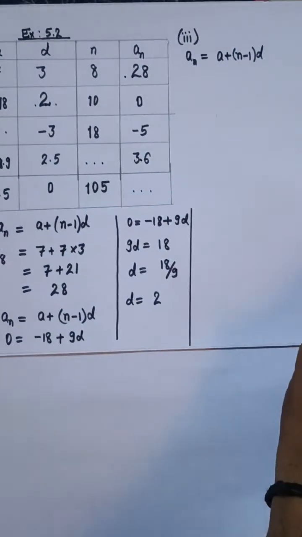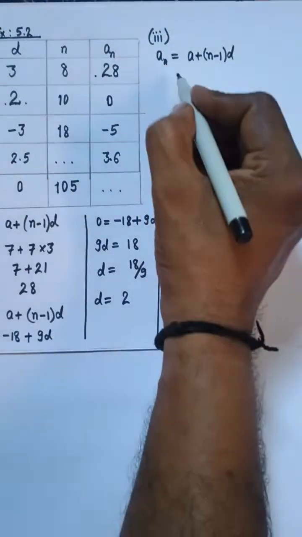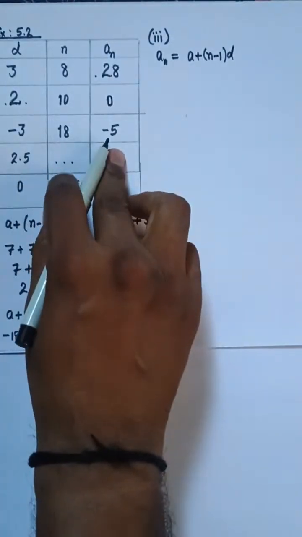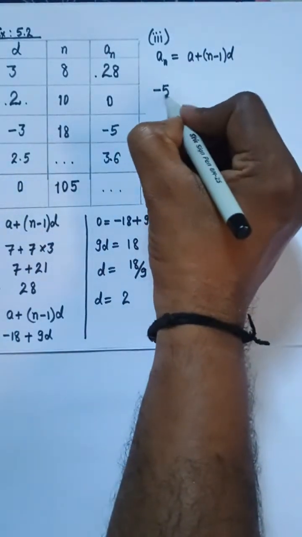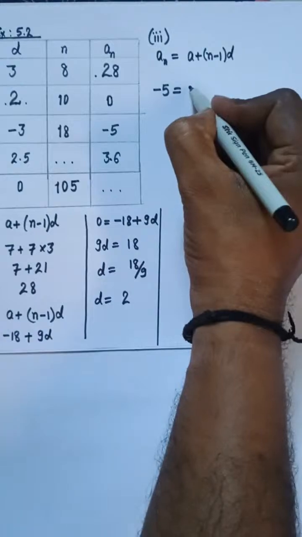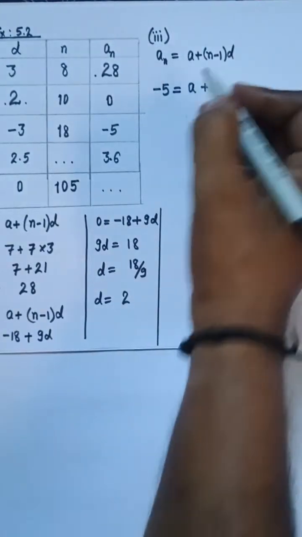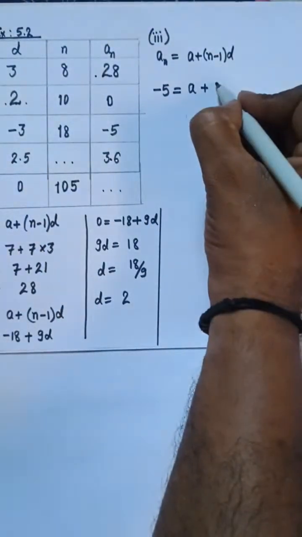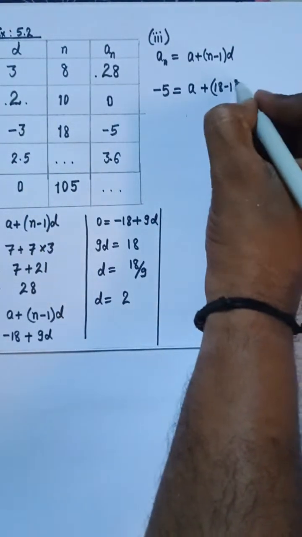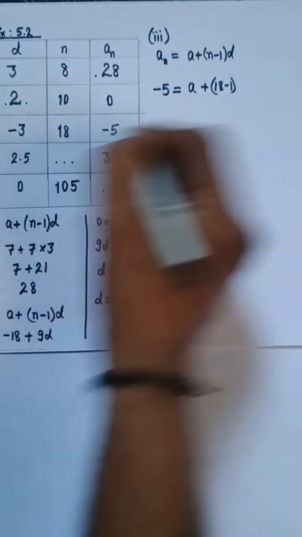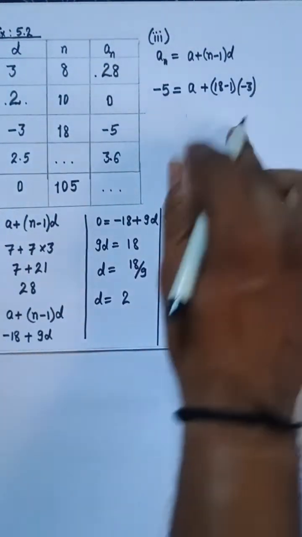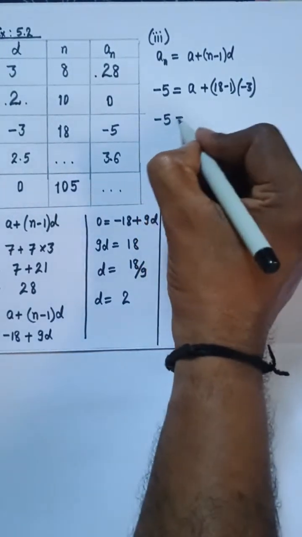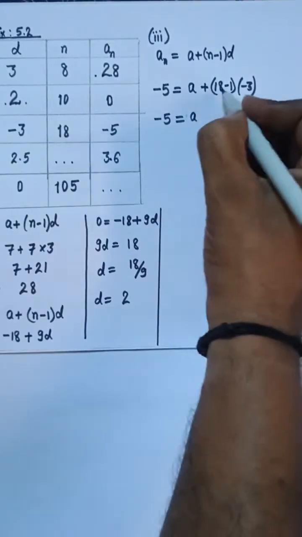Okay, clear? So n is here minus 5. I'm putting here negative 5. a is unknown, we need to find it, and nth term is 18. So here 18 minus 1, then d equal to negative 3. So d equal to negative 3, this becomes minus 5, then a, this 17.